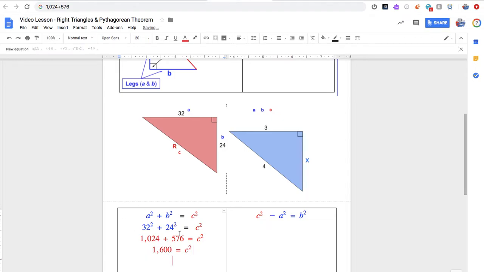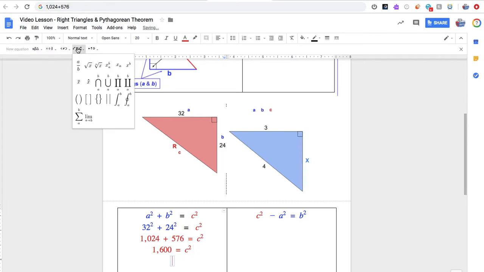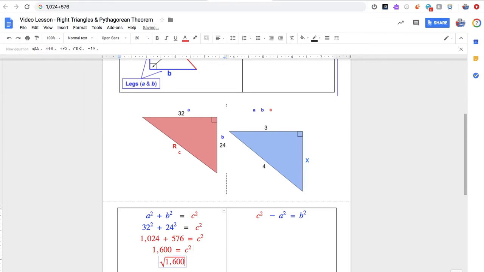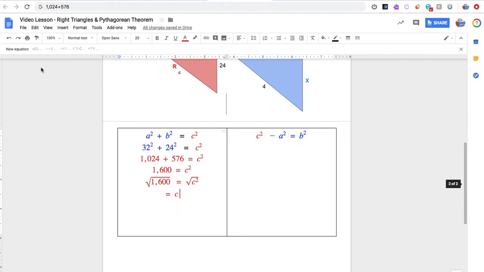Hopefully by now you understand the last step we learned in 8th grade. What is the inverse operation of squaring a number? It's to take the square root. So I perform a square root on both sides of the equation. And the reason I'm doing that is because the square root of c squared, two inverse operations, is going to leave us with c on the right side of that equation.